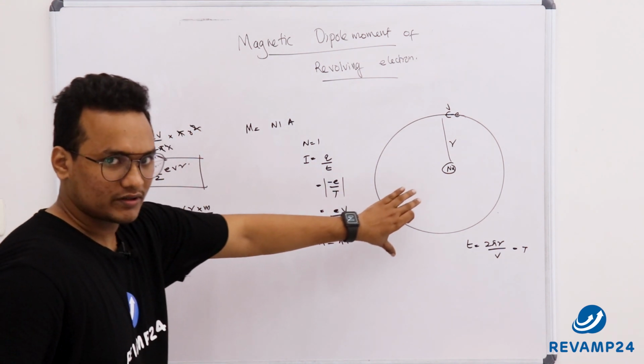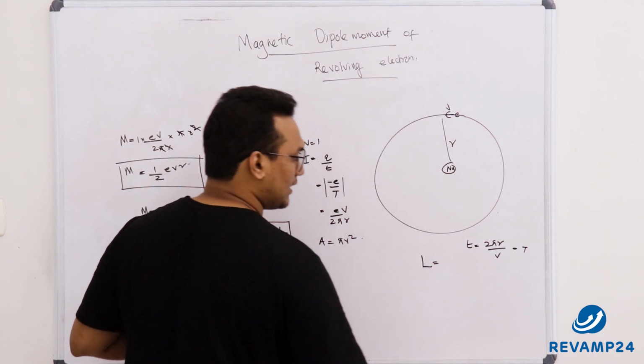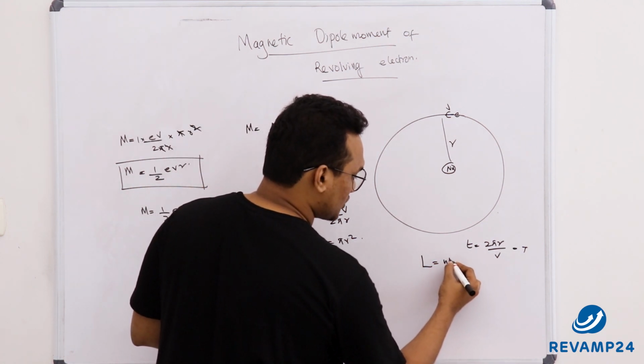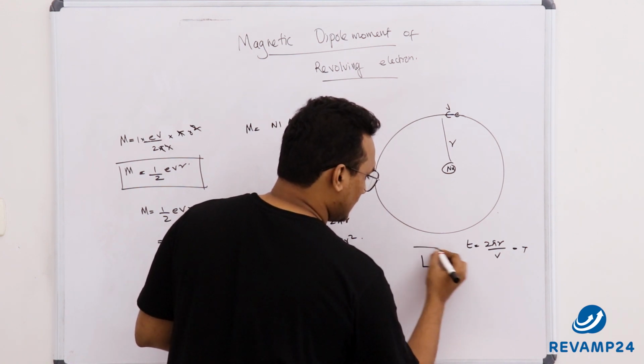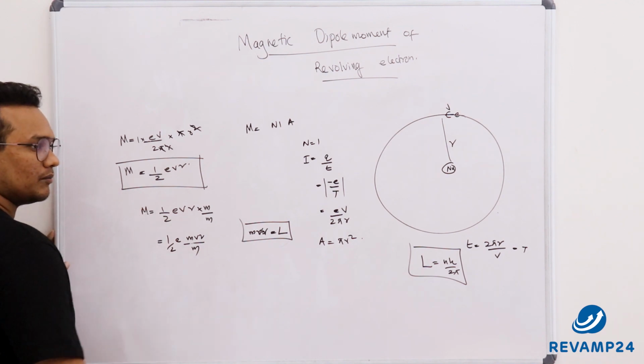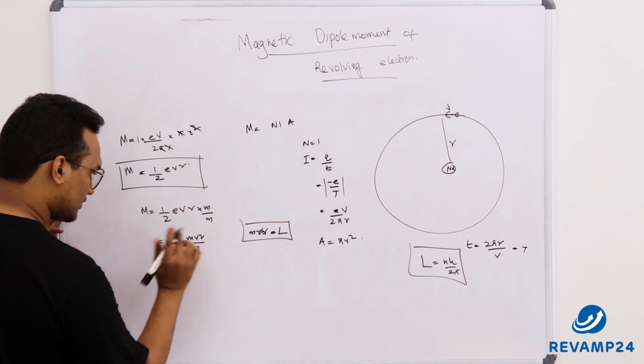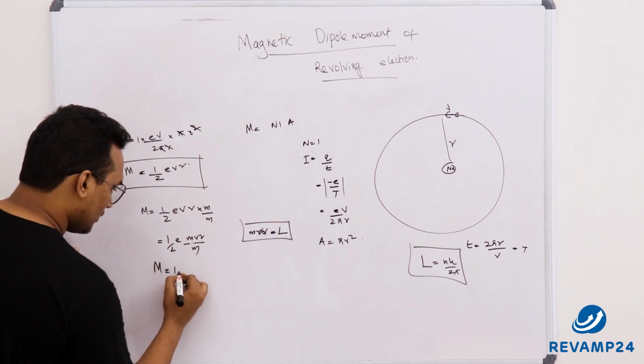Now as per Bohr's structure, we have a very important relation: angular momentum is equal to nh by 2 pi. Let's keep this equation aside for now. As of now, we will try to get the value of the magnetic moment. Instead of mvr, I am going to substitute angular momentum.